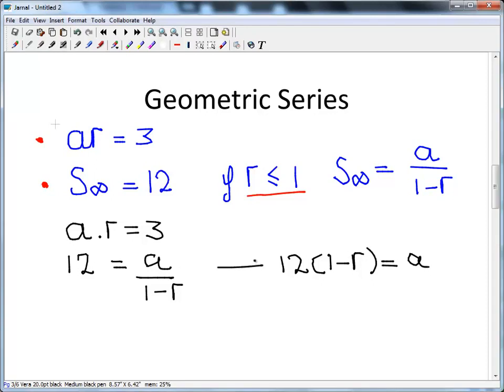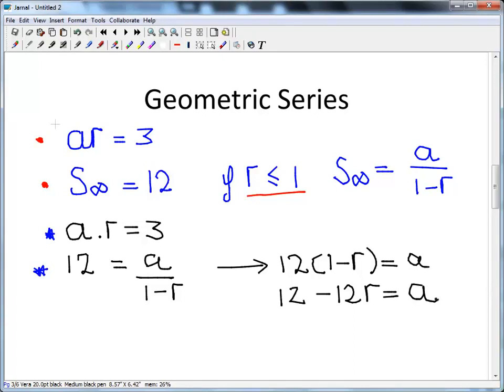So those are the two expressions we have: a times r is equal to 3, and 12 times 1 minus r is equal to a. Simplifying that, it's 12 minus 12r equal to a.